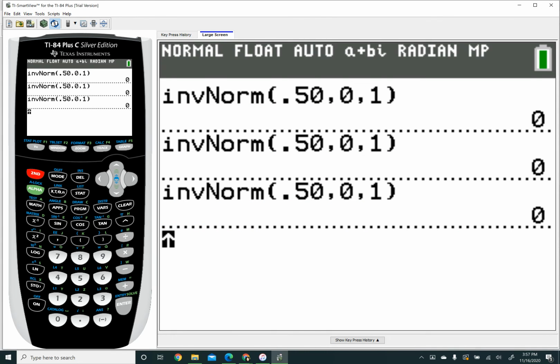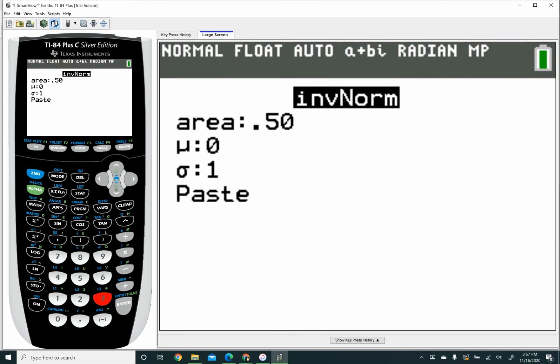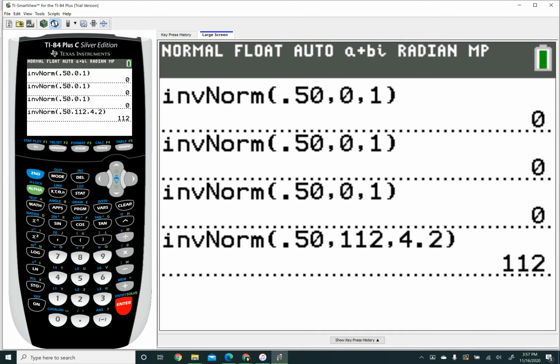So inverse norm. And now if I put the values in here of 112 and 4.2, it should tell me that it's 112. Okay?